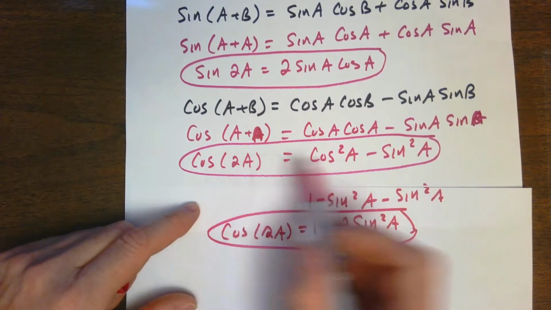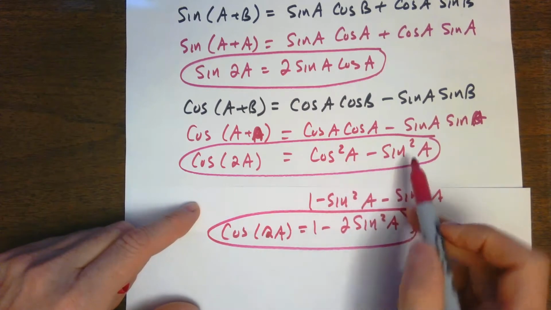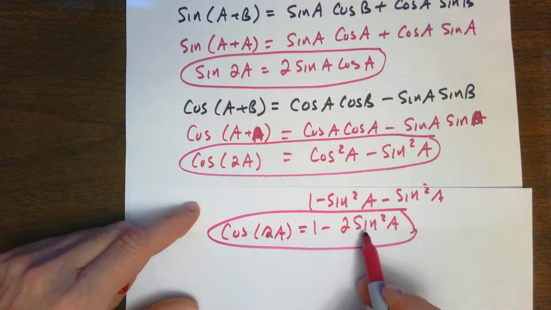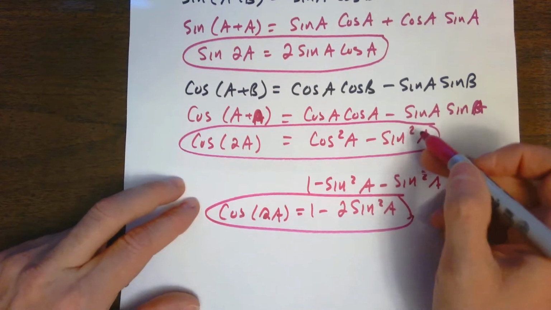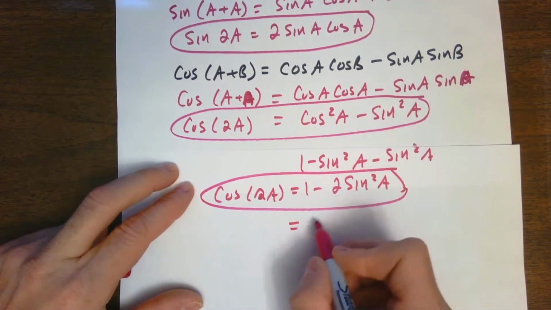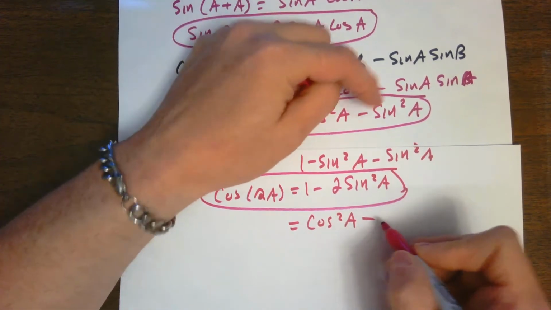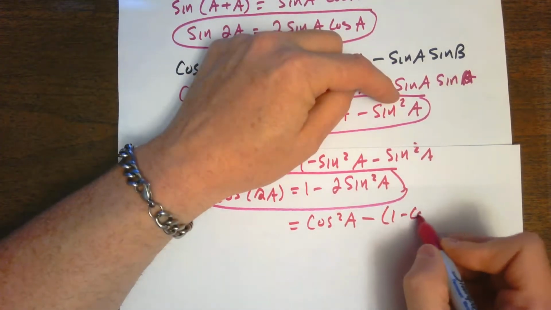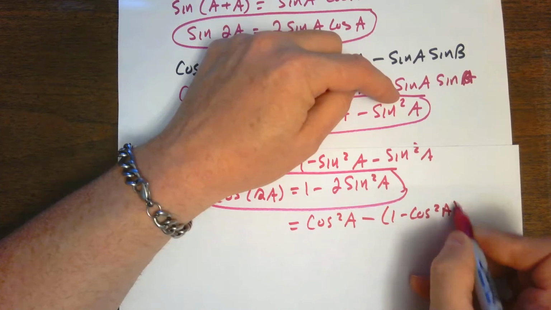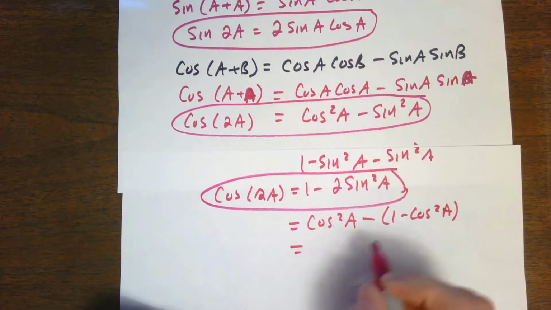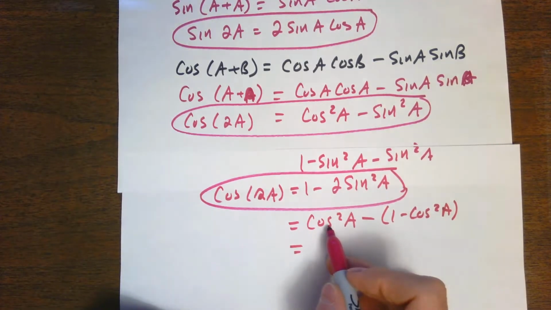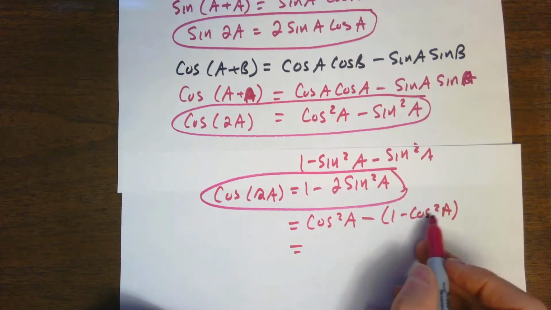So cosine of 2 times an angle could be cosine squared minus sine squared, or 1 minus 2 sine squared. And I can make another one here. I could do the cosine squared A minus sine squared, where I know sine squared is the same thing as 1 minus cosine squared. Simplifying this, I'm going to get cosine squared minus a negative cosine squared.